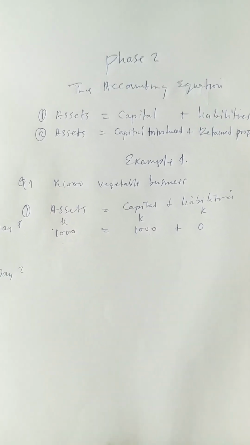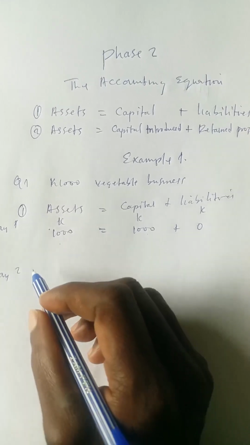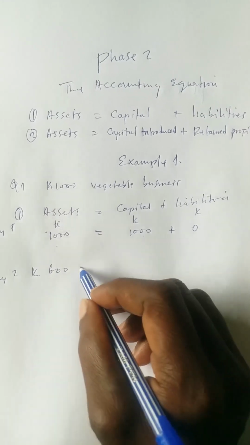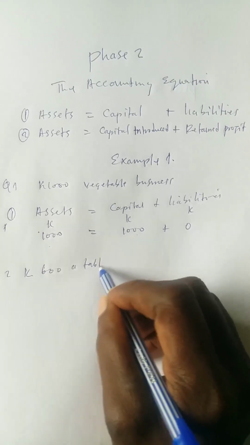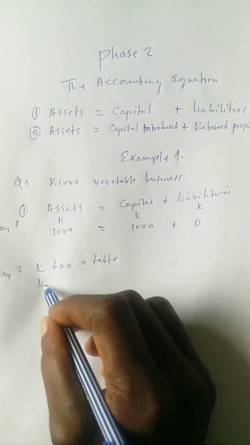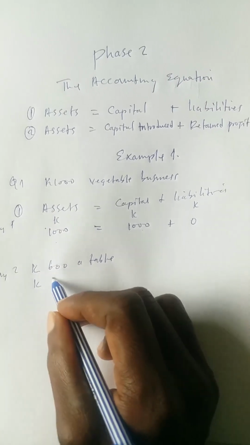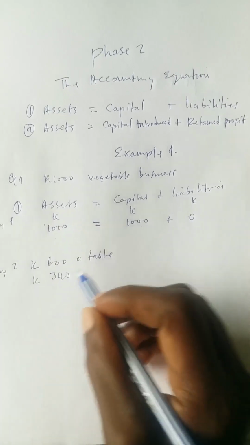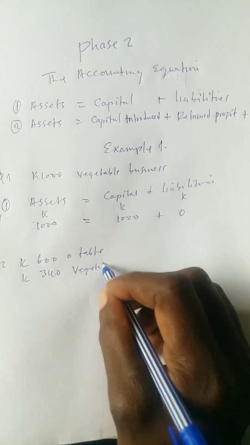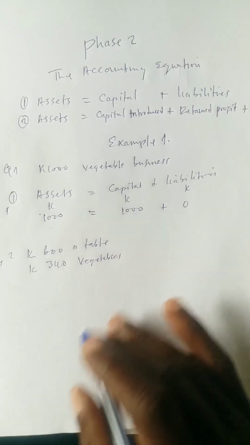Now you decide to buy a table for 600 kwacha for using in the business, and you are going to order goods, which are your vegetables, worth 340 kwacha.